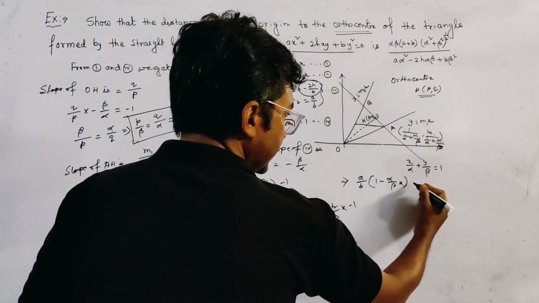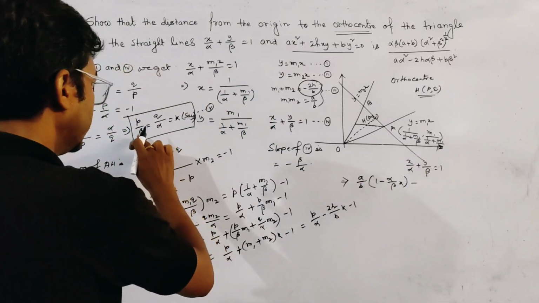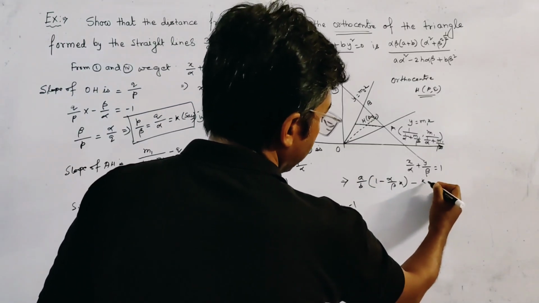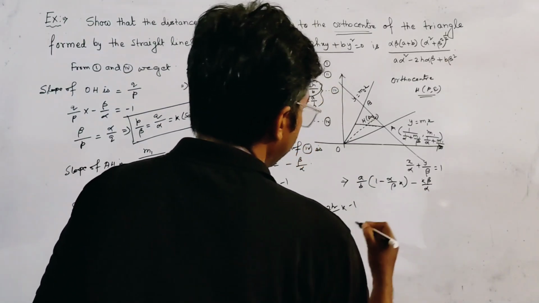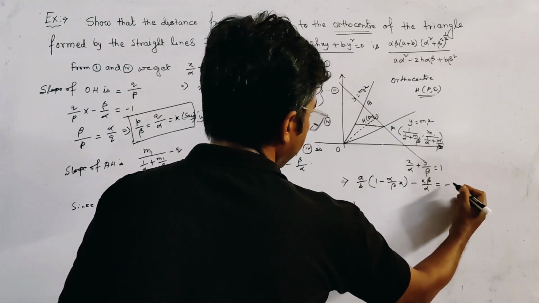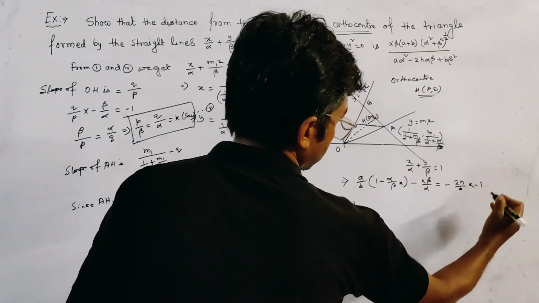We write it on the left side, this is P, this is equal to beta by alpha, so k into beta by alpha, and in the left side there will be remaining two terms, this is minus 2h by b into k minus 1.